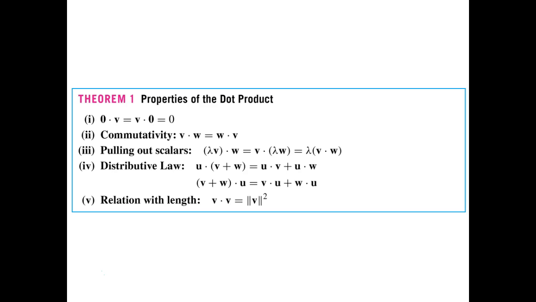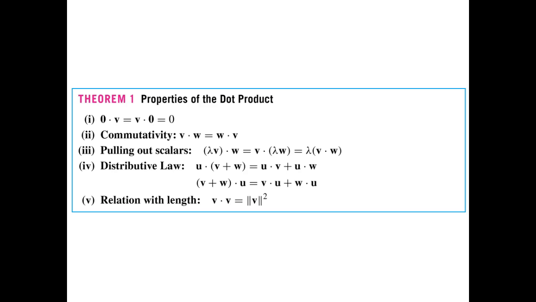Okay. Pulling out scalars. That could be called, oh my goodness, I'm going blank. Distributing in reverse. If you have the scalar lambda times the vector v dotted with vector w, that's the same as vector v dotted with the scalar lambda times w, and that's the same as scalar lambda times the dot product of v and w.